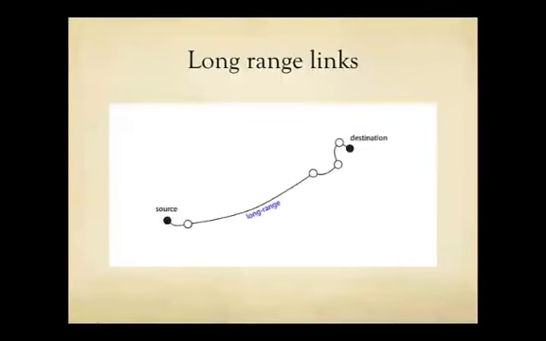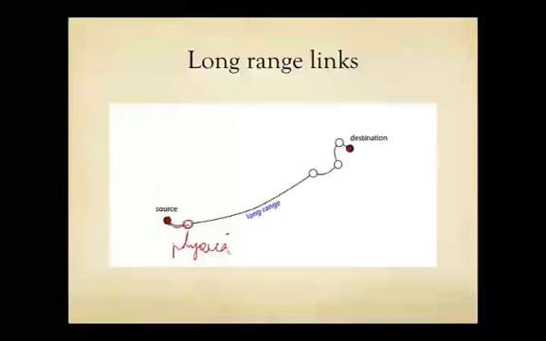And you wonder, what kind of chain does it look like? I was drawing a chain, but that was hardly a representative one. Here is a representative one. Here's a source, somebody living in Omaha, Nebraska. Here's the final destination in a Boston suburb, and usually it goes through some short range links. Okay. And here, by short range, I mean physical distance, short range. Later we'll also see there's also social distance of various kinds.